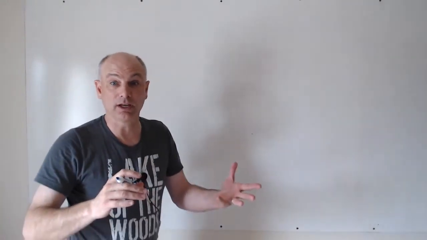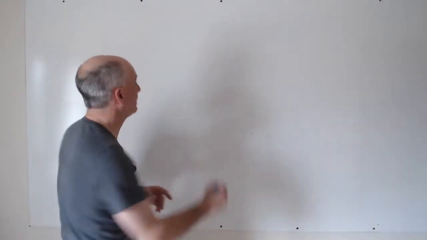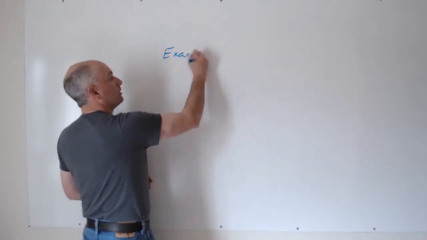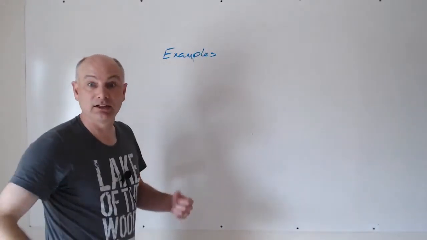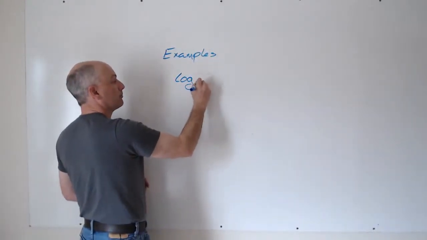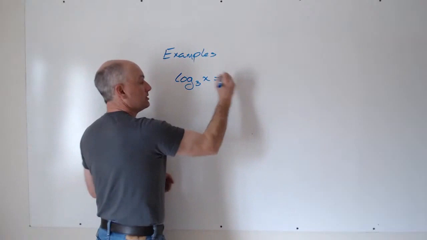A logarithmic equation is going to be an expression that has a logarithm where the variable is located. So in other words, you might see something like this. Examples: you might have, let's say, log base 3 of x is equal to 6.